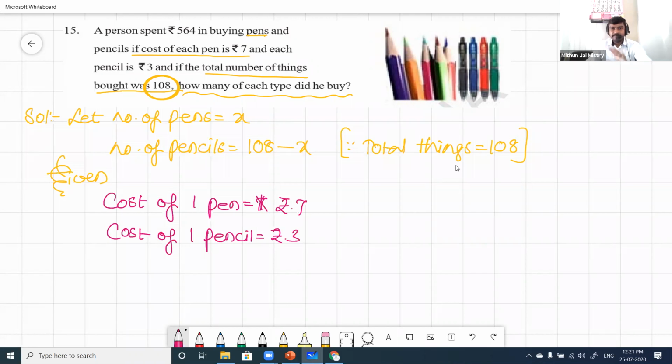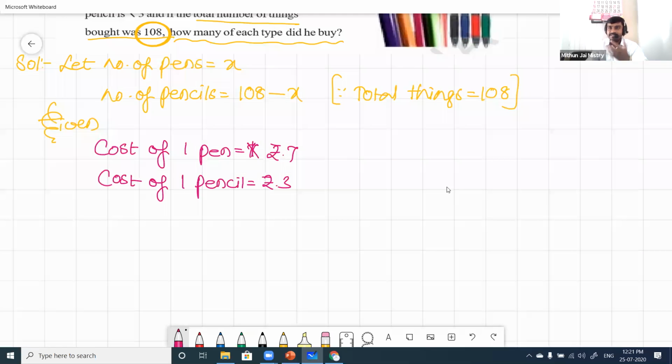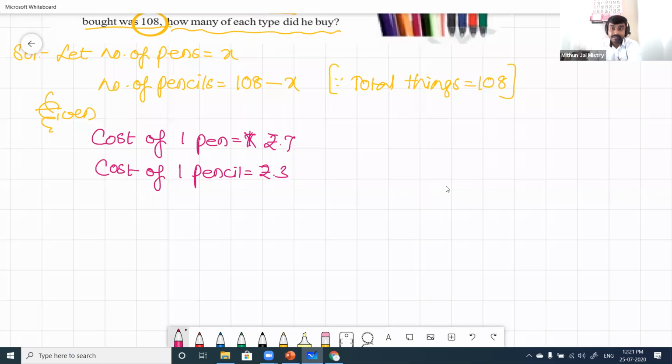Now, please try to understand me. Once again, I'm taking a situation. If cost of one pen is 7, what is the cost of 10 pens? Answer me. Sir, 70.